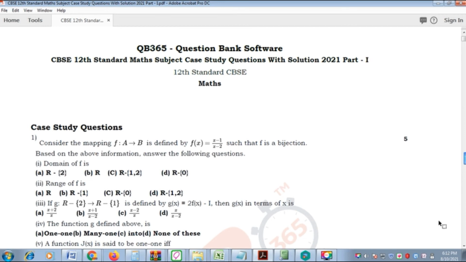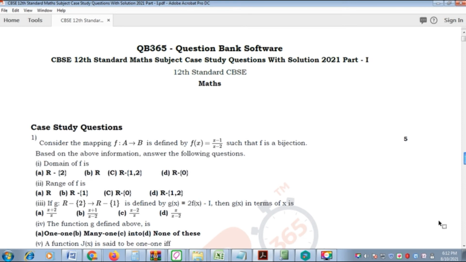Now we are going to discuss the case study questions, the new pattern from CBSE. From 2020 itself, CBSE and NCERT announced a new question pattern called case study questions. So first of all, what is meant by case study questions? It's completely different from other question patterns.